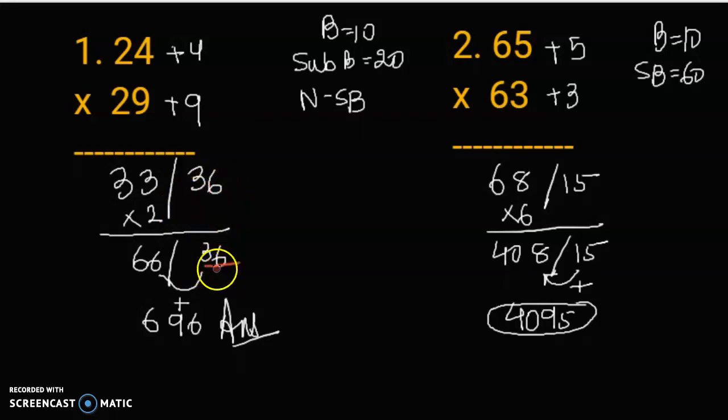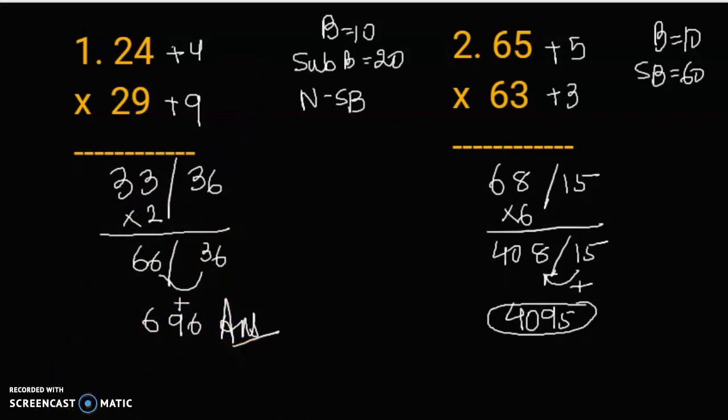So it is 36 here, and this will become 33 times 2, 66. Now as the base is 10, the right hand side will have just one digit, so we will add this 3 to this 6, so it becomes 6 and 3, 9, and the answer will become 696. So that is what I have written over here, 696. That is our answer. Hope this is clear.